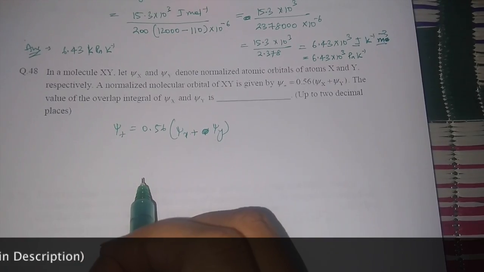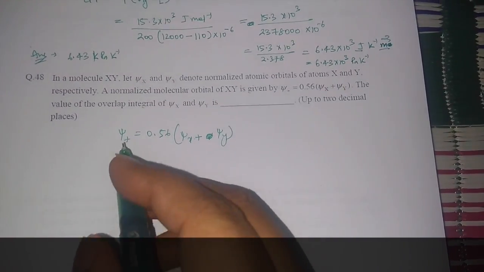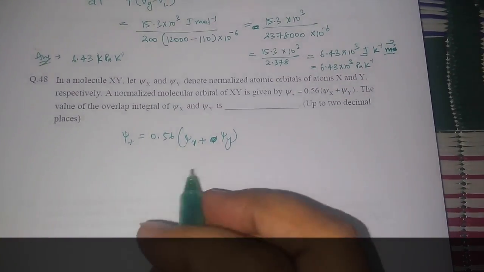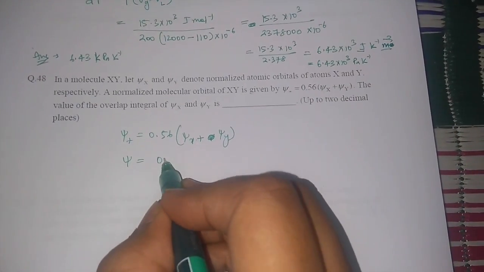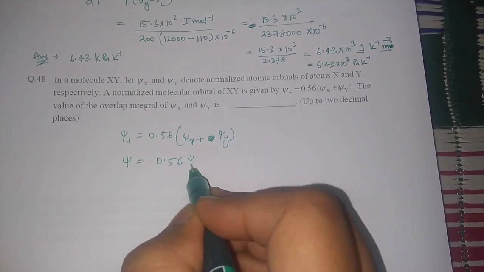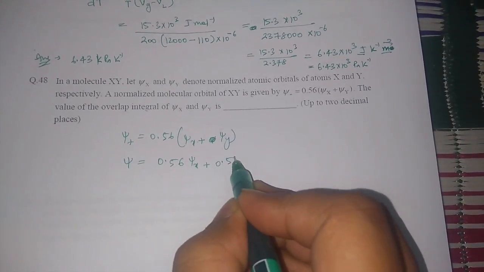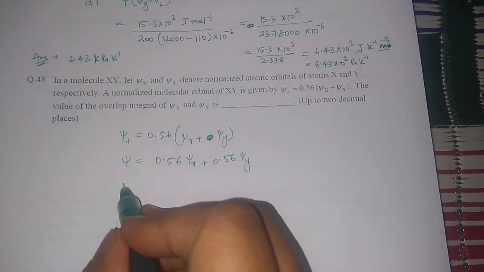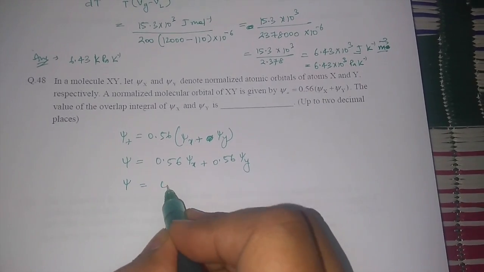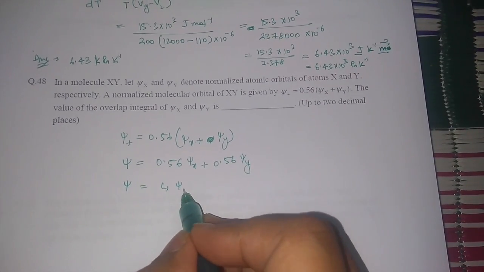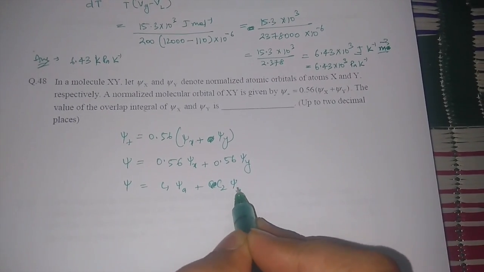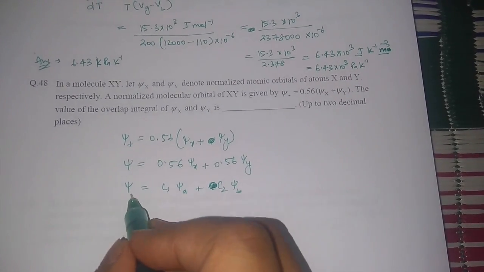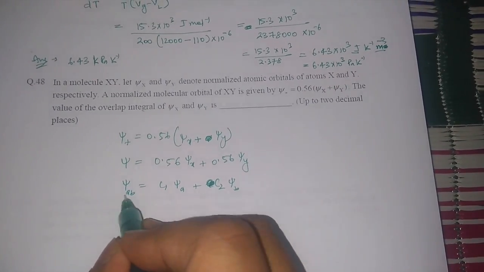So let's try to solve it. First of all, just write this wave function in this form, that is 0.56 psi x plus 0.56 psi y. You can relate it with psi equals c1 psi a plus c2 psi b, or psi 1 psi 2, whatever way you want to write for molecule AB.